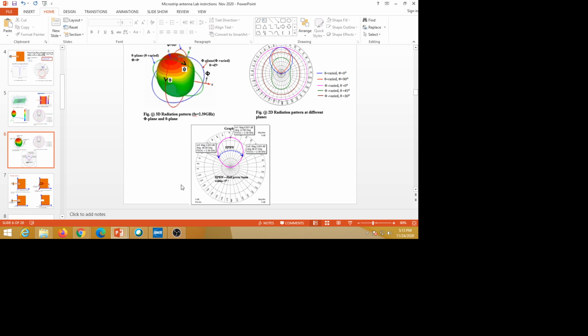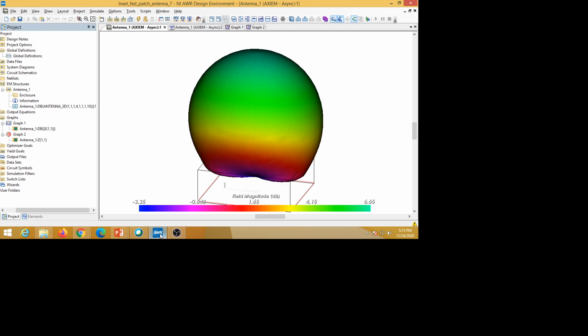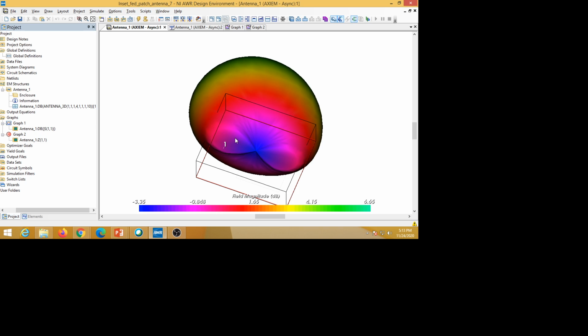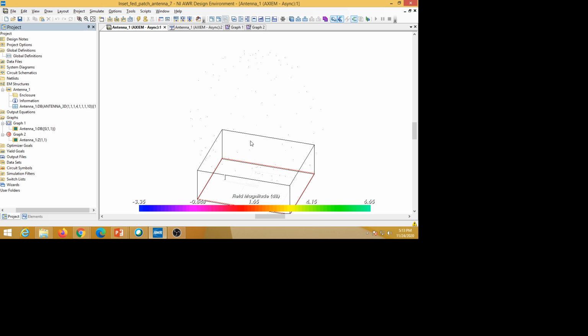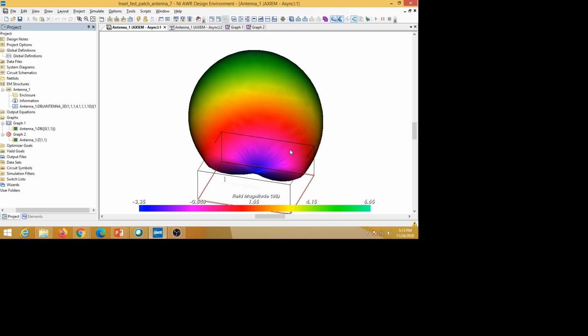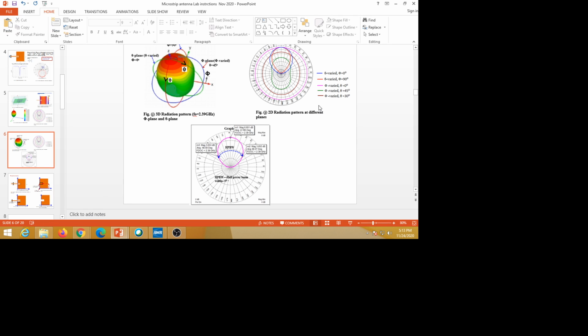As you go to the top, it is almost looking like a circle. If you take a horizontal cross section here, it almost looks like a circle, but at the bottom, as we can see here, the radiation reduces. If you take the cross section at the bottom, the shape will be going like this.